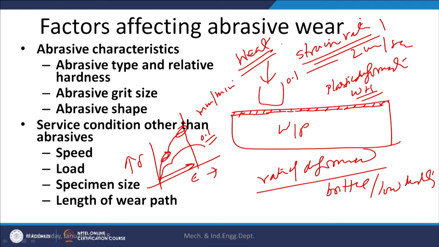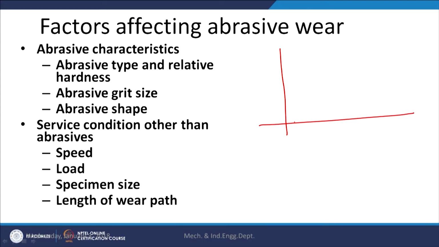Although during abrasion there may not be a very high temperature rise, maybe 2, 3, 5 or 10 degrees, most of the time it is not much, while in the case of adhesive wear the rise in temperature is significant, it may be 100, 150 or even 200 degrees centigrade under adhesive wear conditions. So, these are basically the two factors which affect abrasive wear with the change of speed.